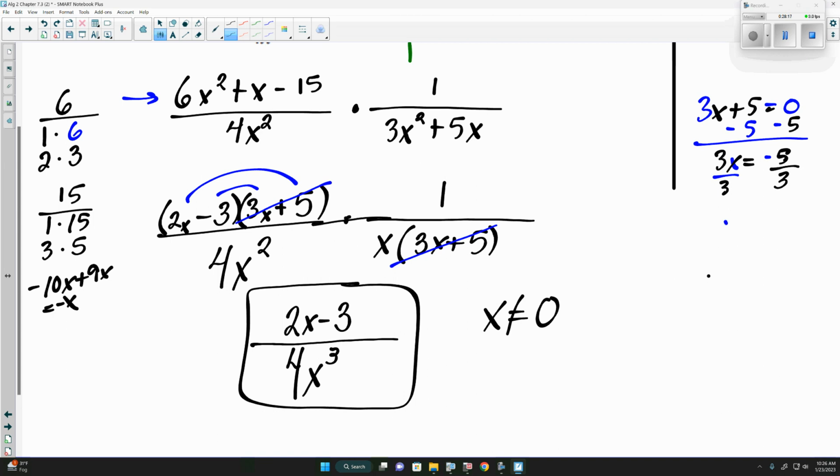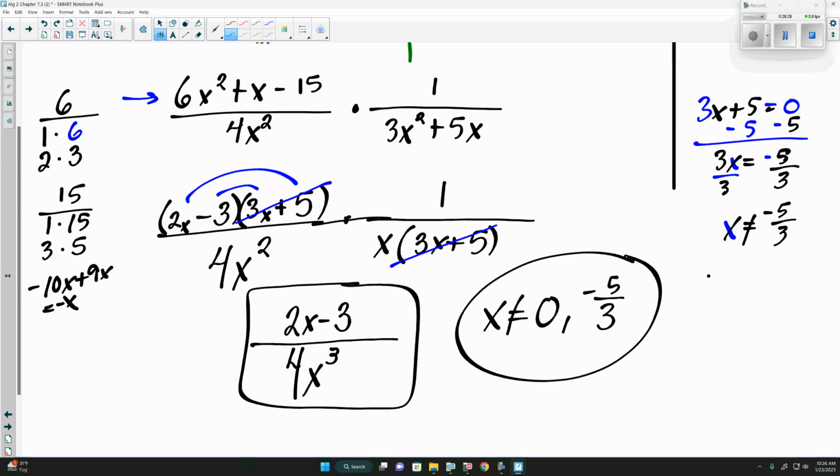Divide by 3, telling us x is negative 5 thirds. So those would be our 2 restrictions there. And really, we would only have to list the negative 5 thirds because 0 is still contained in the answer.